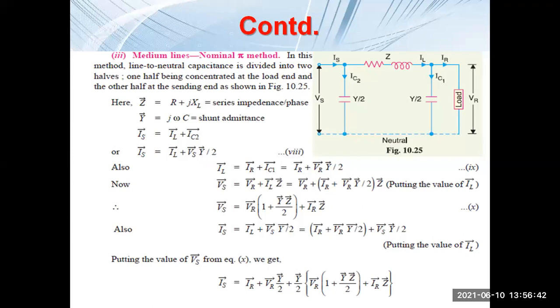You cannot avoid it. If in your question it is asked to do the star delta conversion, then you have to apply star delta conversion. You cannot do that with the help of mesh analysis or nodal analysis. Here it is specified that you have to apply the nominal pi method, so you have to apply it. That's all right.